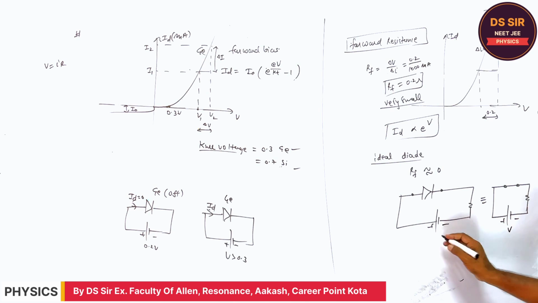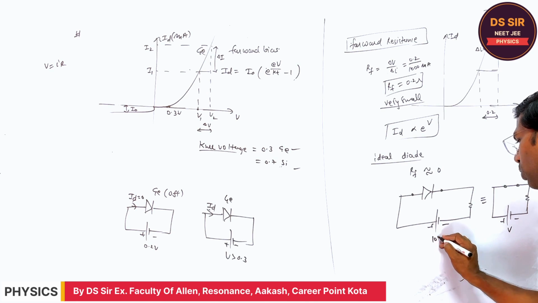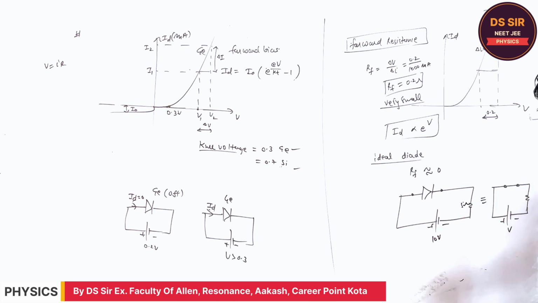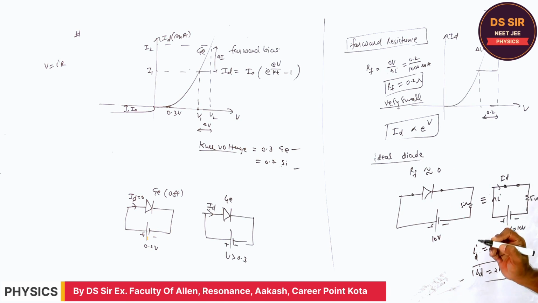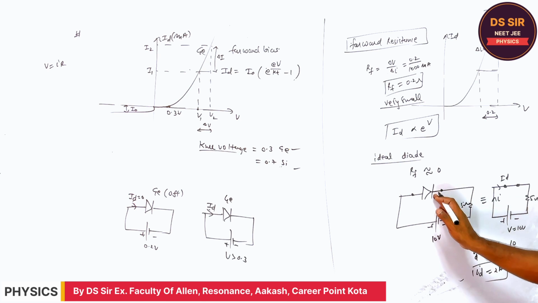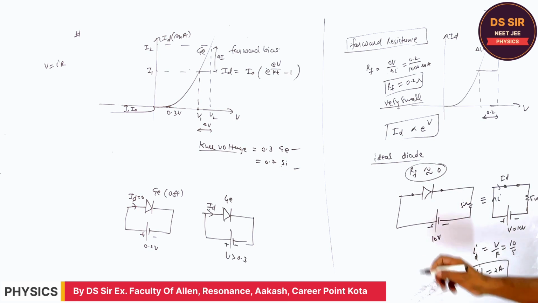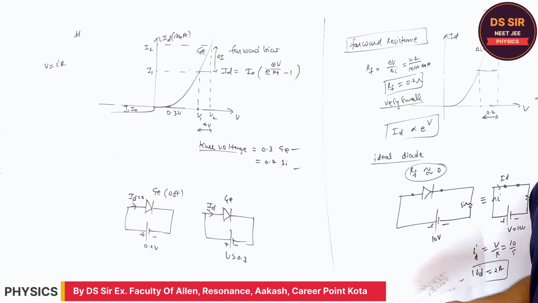Suppose this is 10 volt and this is 5 ohm. What is the current? I is equal to V upon R, 10 upon 5, so the current in this case is 2 ampere. For the ideal diode, the diode acts as a simple wire.